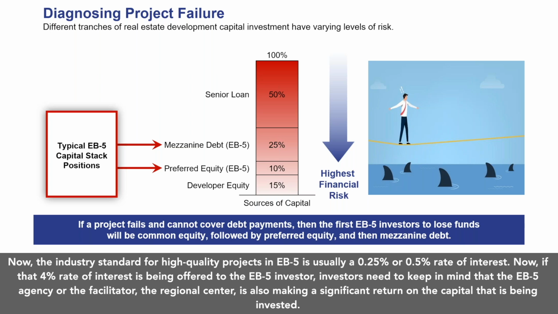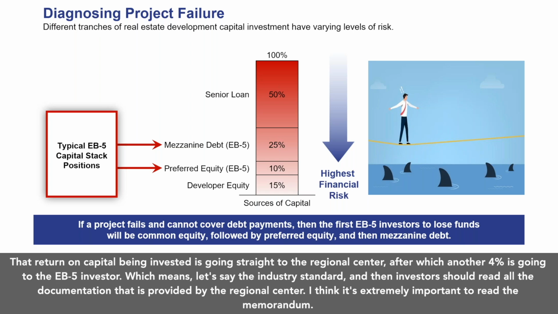Now, if that 4% rate of interest is being offered to the EB5 investor, investors need to keep in mind that the EB5 agency, or the facilitator, the regional center, is also making a significant return on the capital that is being invested.